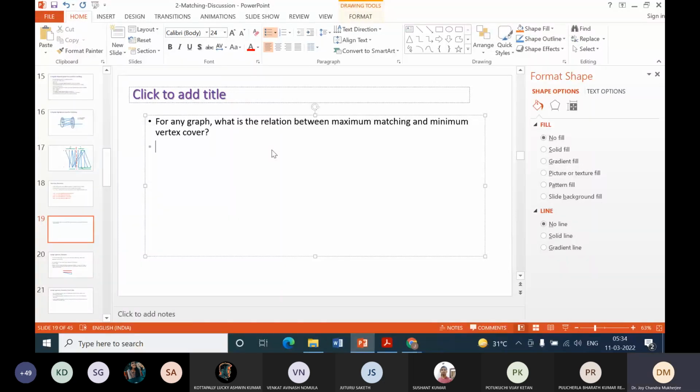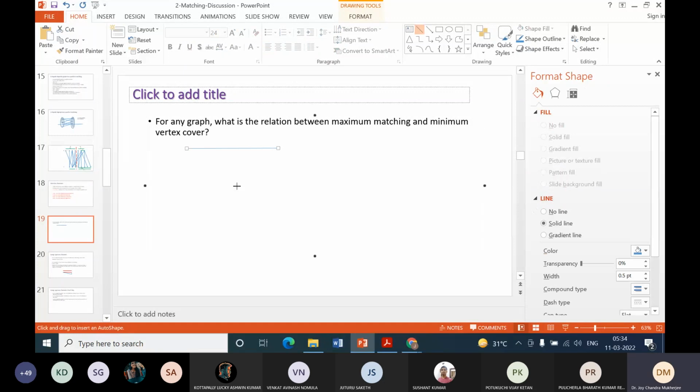So the answer is as follows. When we look at any maximum matching, how does this maximum matching look? It looks like a set of pairwise disjoint edges, right?